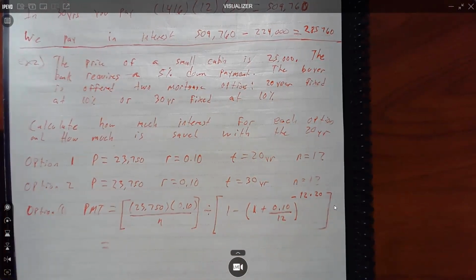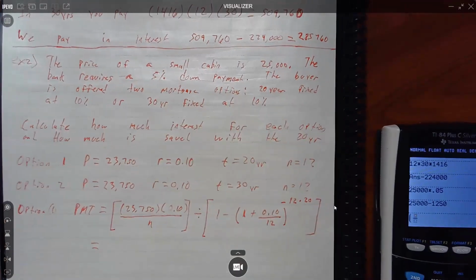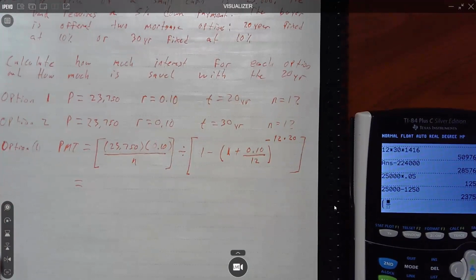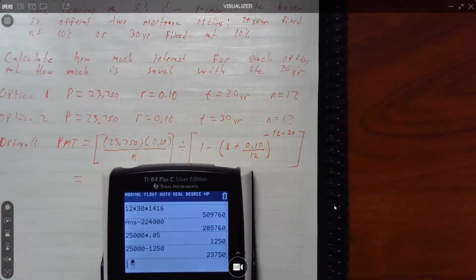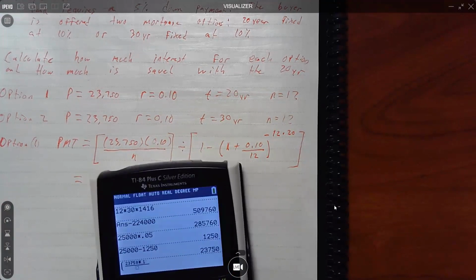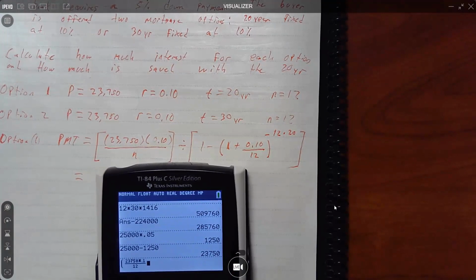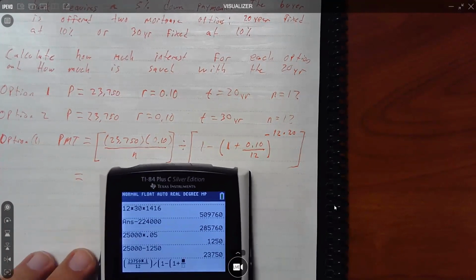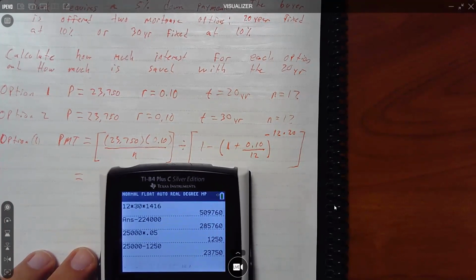Gotta plug all that in. So it'd be 23,750 times 0.1 over 12, divided by parentheses 1 minus parentheses 1 plus the fraction 0.1 over 12, to the negative 12 times 20.